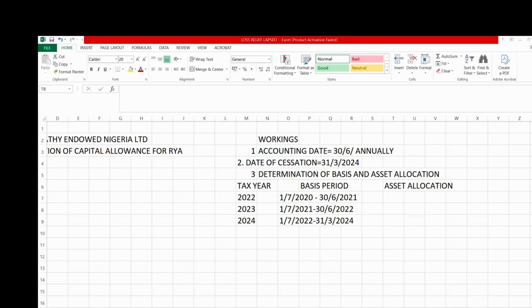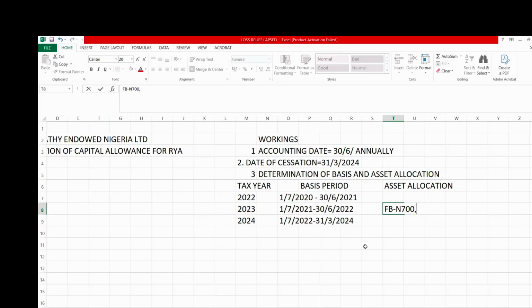We have it as well, factory building. How much is the asset? 700,000 naira for the factory.